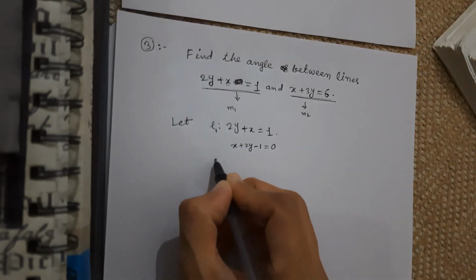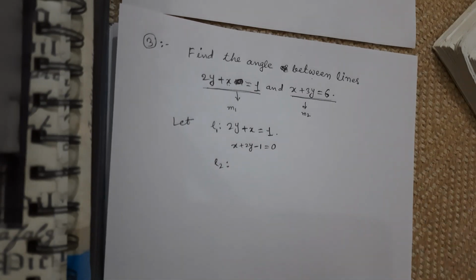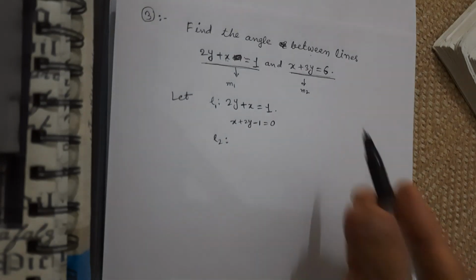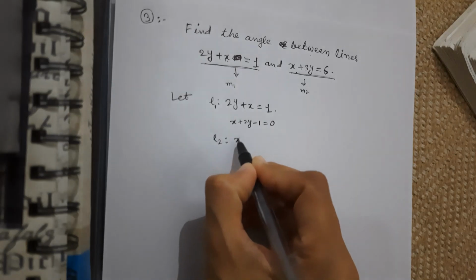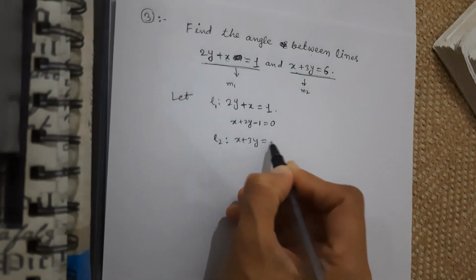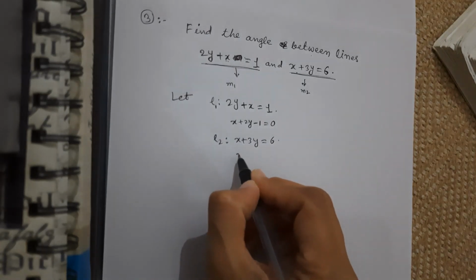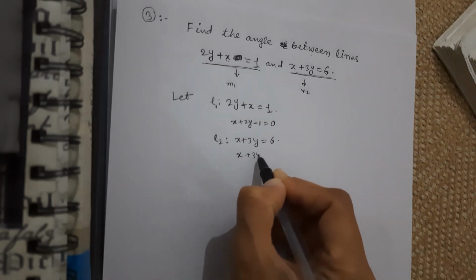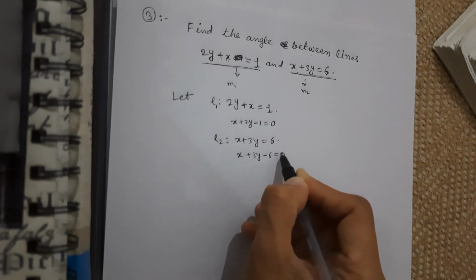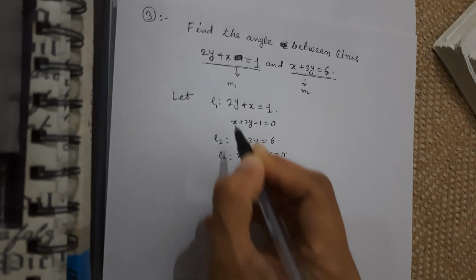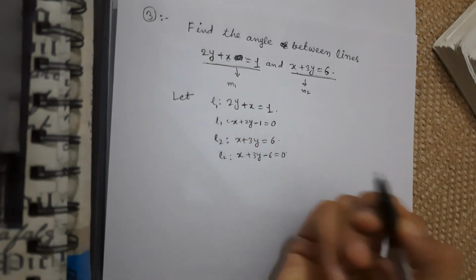So this is my L1. Now what is my L2? My L2 will be x plus 3y equal to 6, or in standard form x plus 3y minus 6 equal to 0. So this is my L2 and this is my L1.